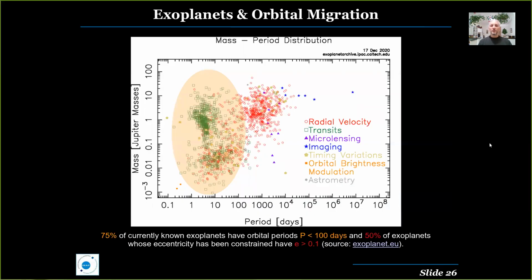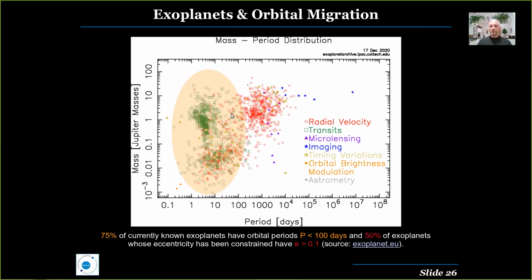Now, up to now, we have talked about planetary formation as a local process, but is it a local process? If we look at the distribution of the exoplanets we know in terms of orbital distances or orbital periods, which is equivalent, we see that 75% of the exoplanets known today orbit at orbital distances that are associated with orbital periods of 100 days or less.